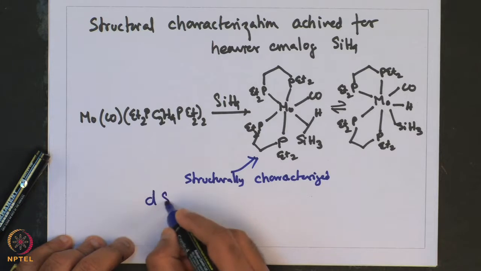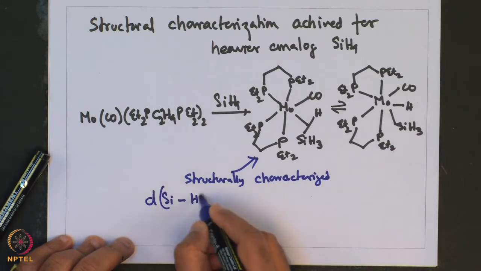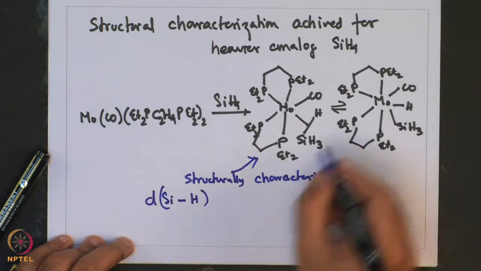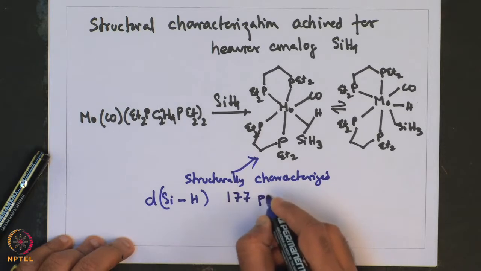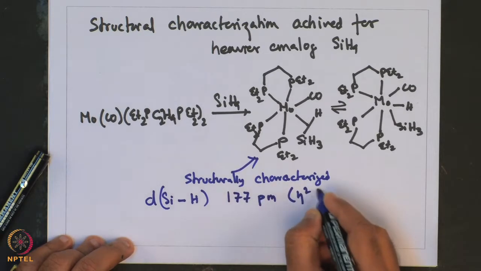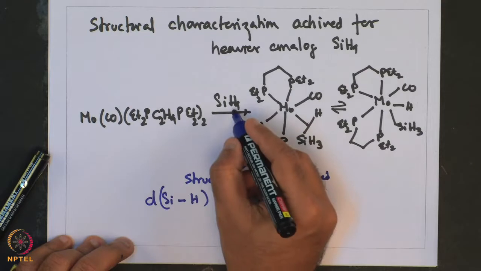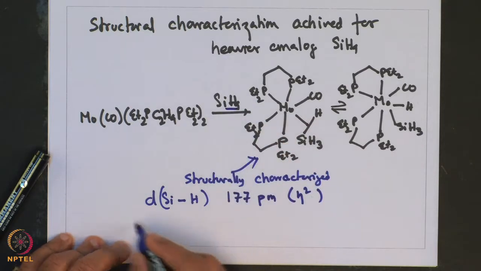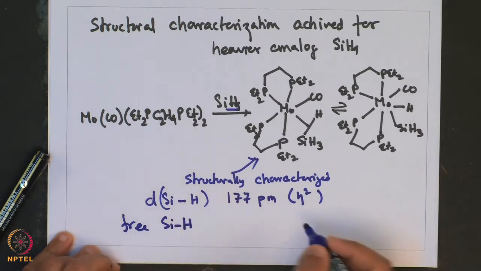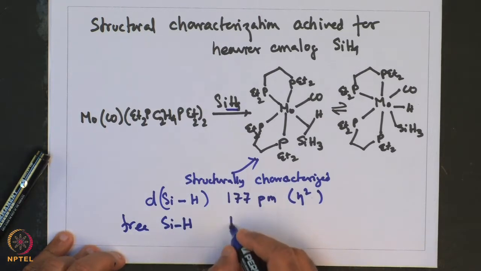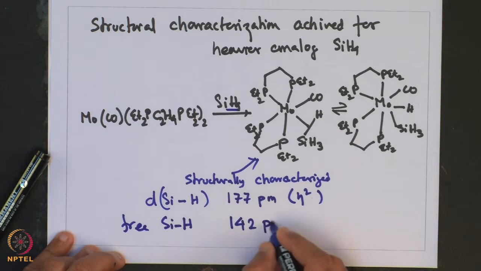So, the SiH bond length is 177 picometer, and this is eta 2 type of binding, whereas in free silane this bond is about 142 picometer.